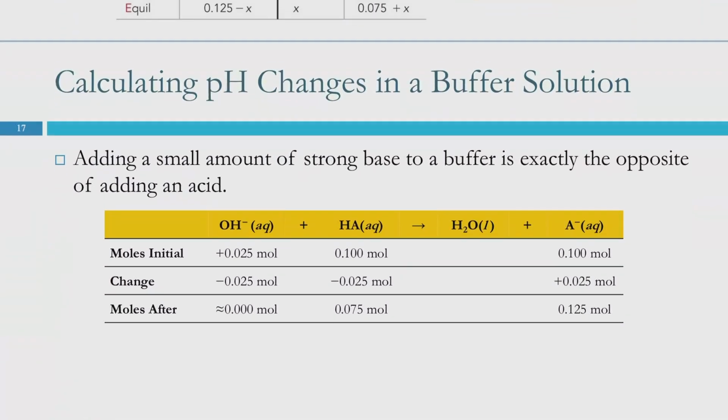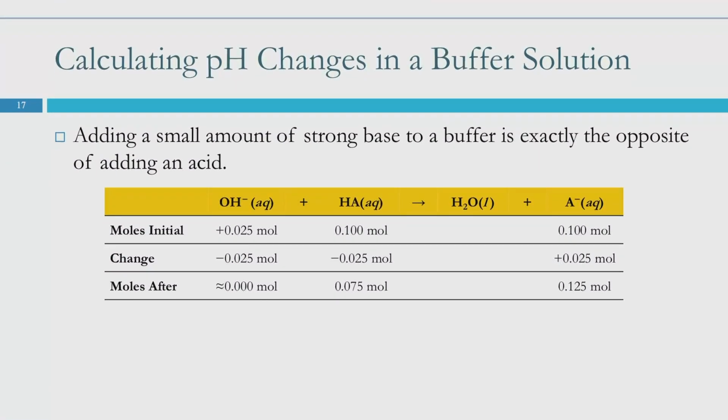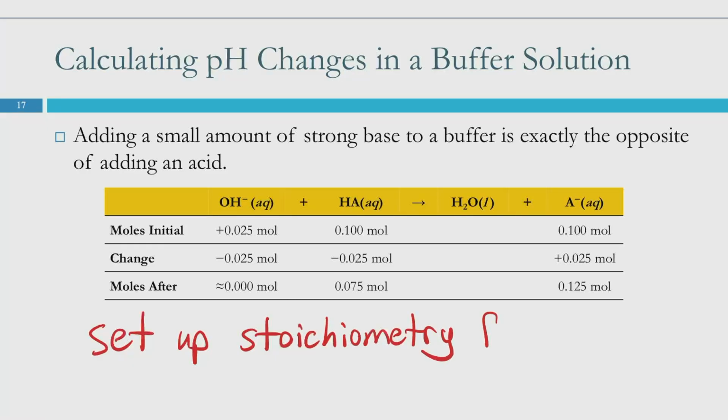If we add a small amount of strong base, it's the opposite. We would set up our equation in the other direction. We're adding hydroxide on the left, and that's going to use up some of our HA. So set up stoichiometry. You don't have to do it like in this table, but you want to set up your stoichiometry for adding acid or base.